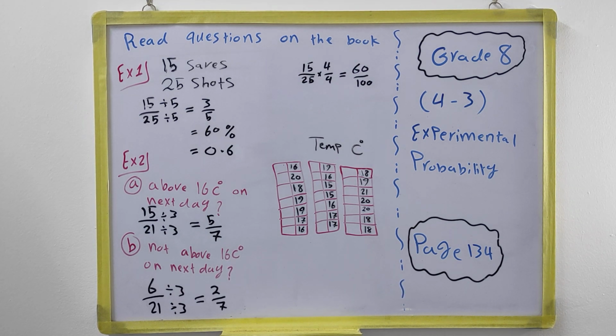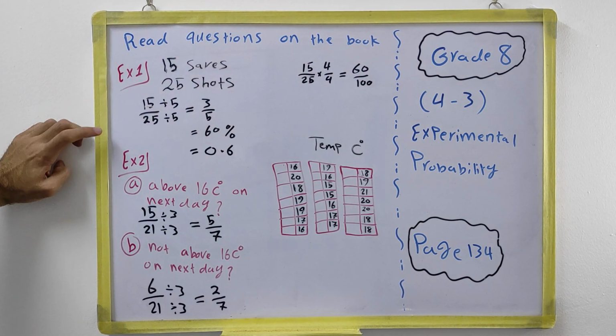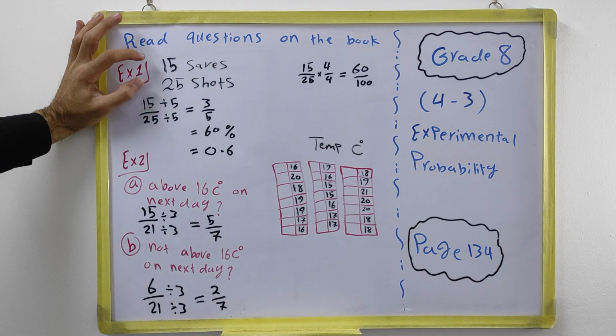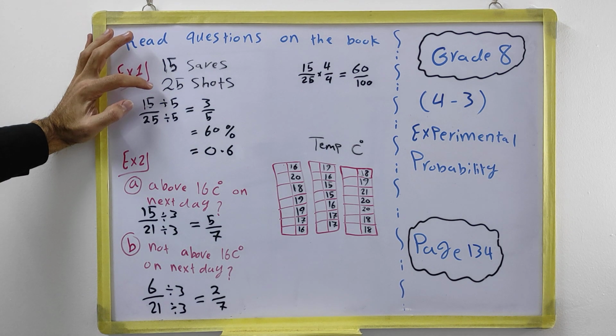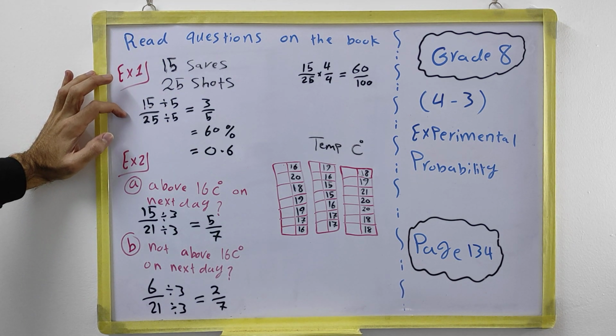Based on that, we find the probability for the next days or for the next tries that we have. As we said in example 1, because he made 15 saves out of 25 shots, for the next tries the probability is like that.